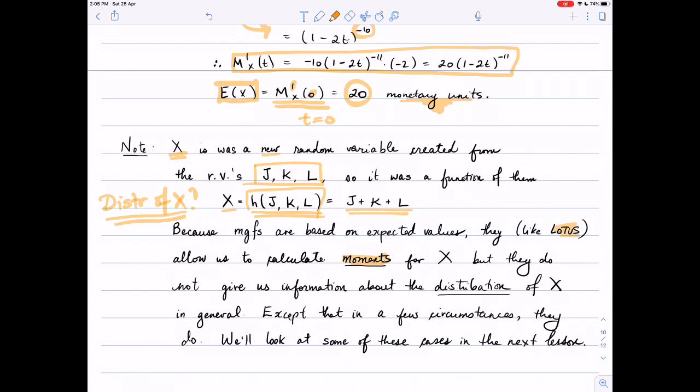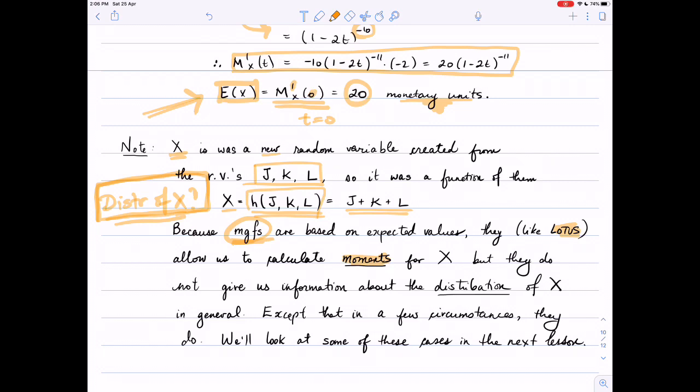We can do it with Lotus, and since MGFs are based on Lotus, we can do it with MGFs as well, which is all that we were asked to do up here. We were not asked to calculate the distribution of X. We did that a little while ago in the univariate case with some transformations, but calculating the distribution of X and therefore probabilities might be quite difficult.